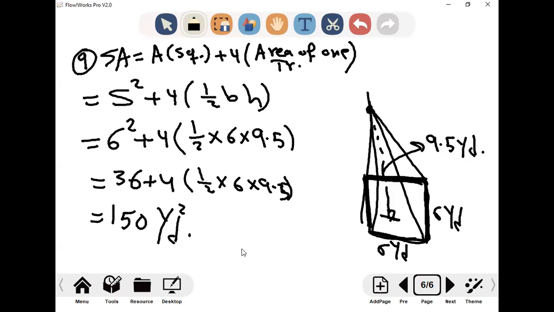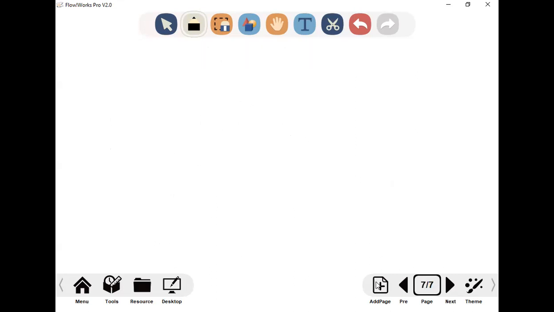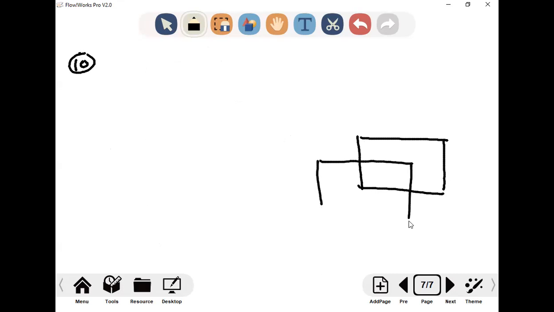So she wants to paint this box, right? We have a box with the dimensions 40 inches long, and the width 24, and the height 16, right?